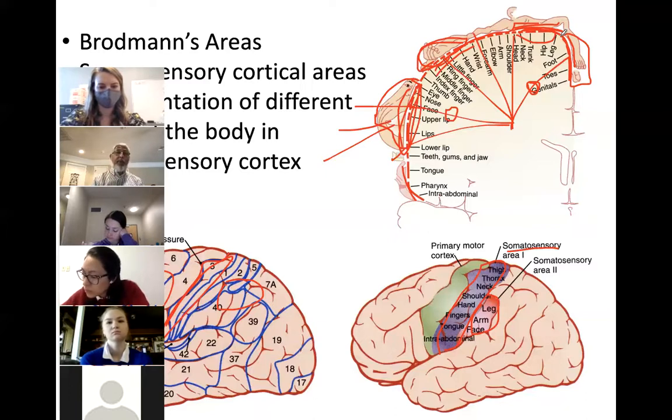And the most important thing that I want you to appreciate here is that not all areas are represented in the brain depending on their size. It's not their size, it is how precise the information is that you need from a particular area. Because if you look at the muscles of the leg, they are these big muscles, right?